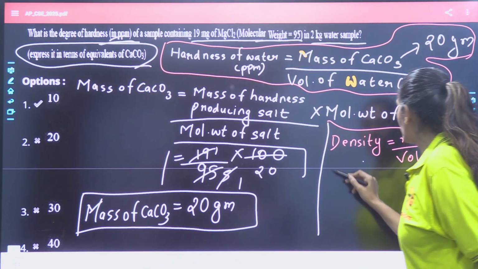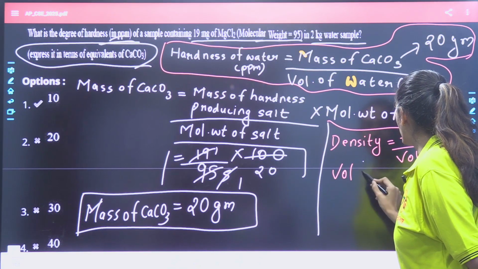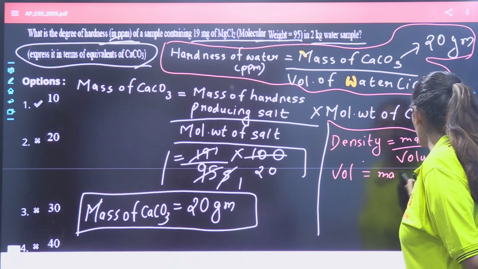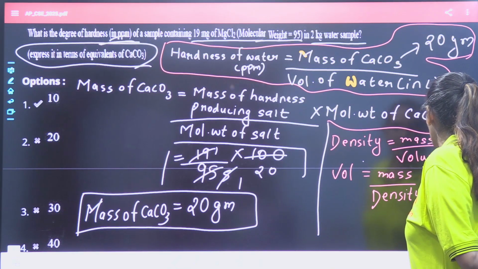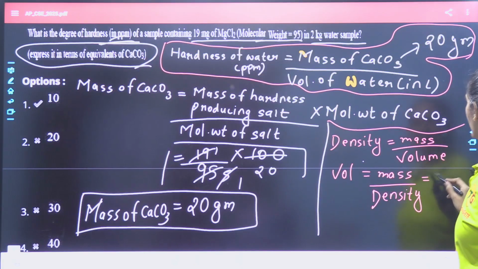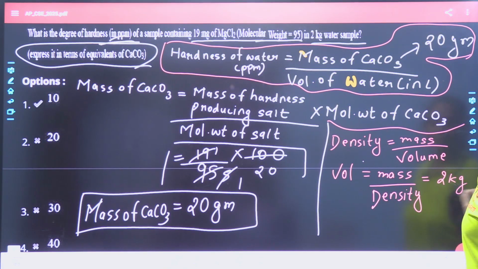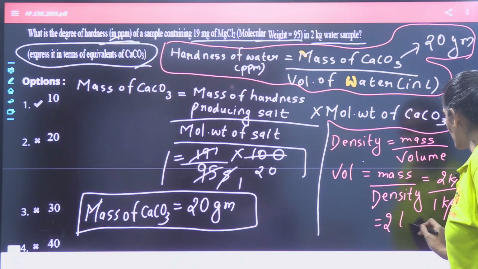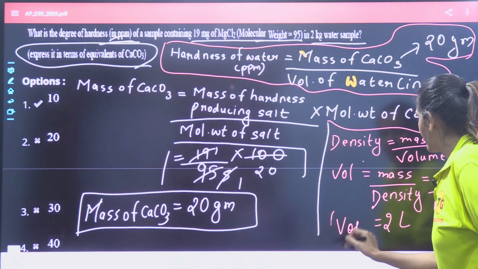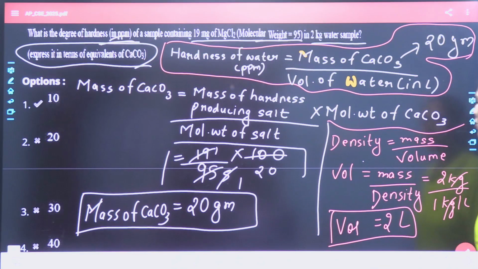From here, the volume in liters we can find as mass upon density. The mass of the water sample is 2 kg, and the density is 1 kg per liter, so it would come out to be 2 liters. So we got the volume of the water as 2 liters.